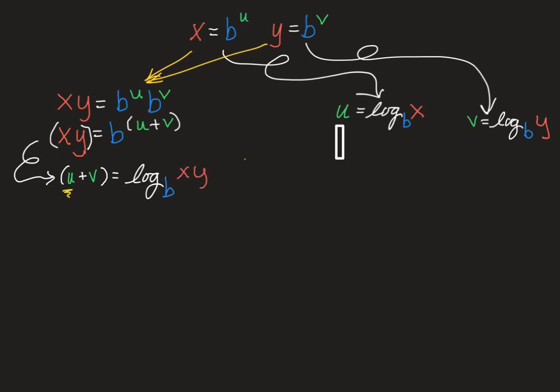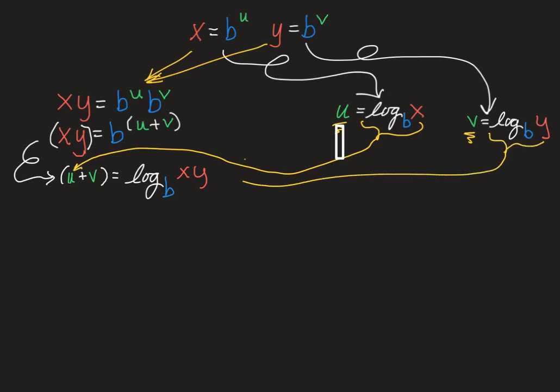So now we have u plus v over here. We also have u and v over to the right-hand side. And in fact, we want to know what those are equal to. We can take the log base b of x and substitute it any place we see a u. Likewise, we can take the log base b of y and substitute it any place we see a v.